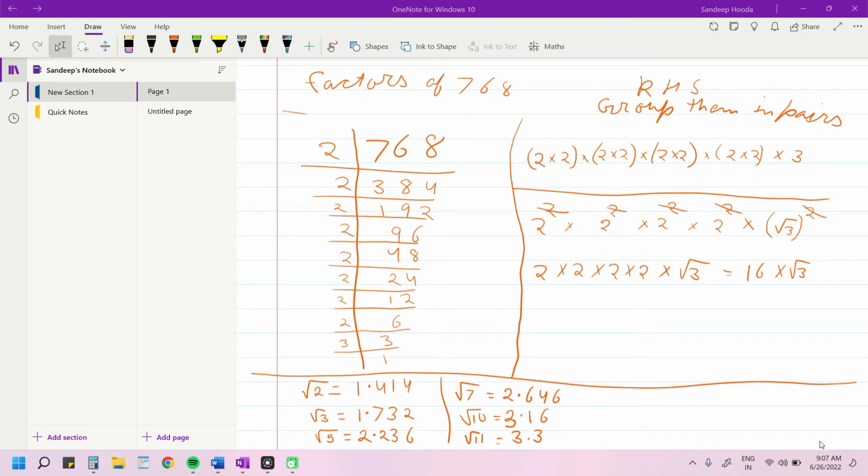Now we will substitute the square root of 3 with 1.732. And this gives us the answer to the square root of 768, which is 27.712.